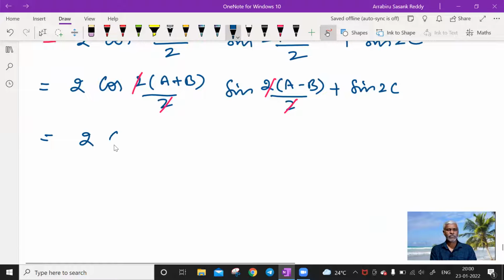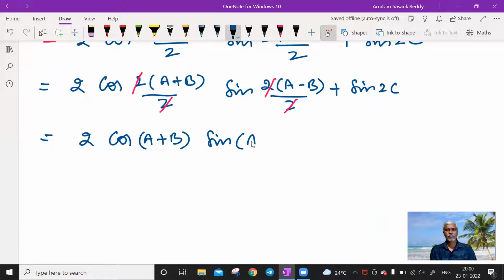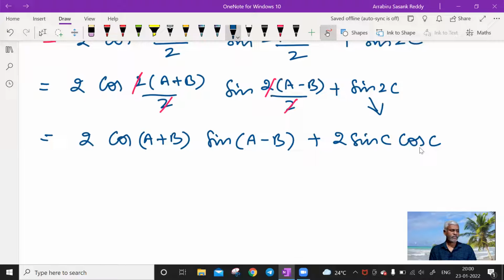This is 2 cos (A plus B) sin (A minus B). So this you can write as 2 sin C cos C.